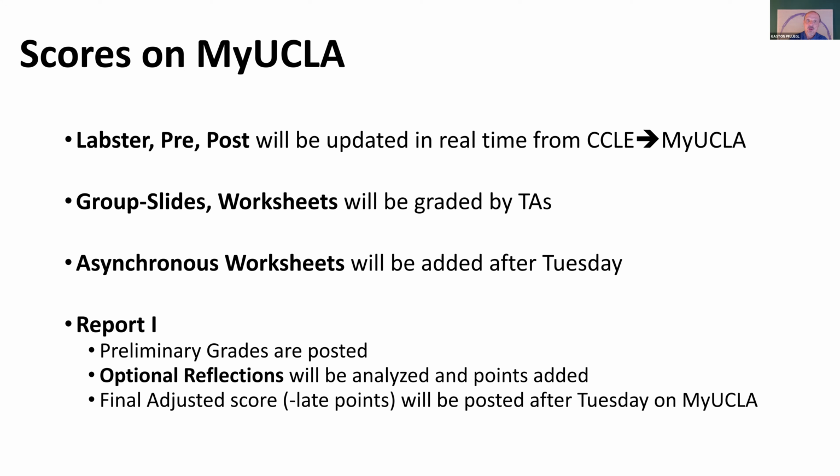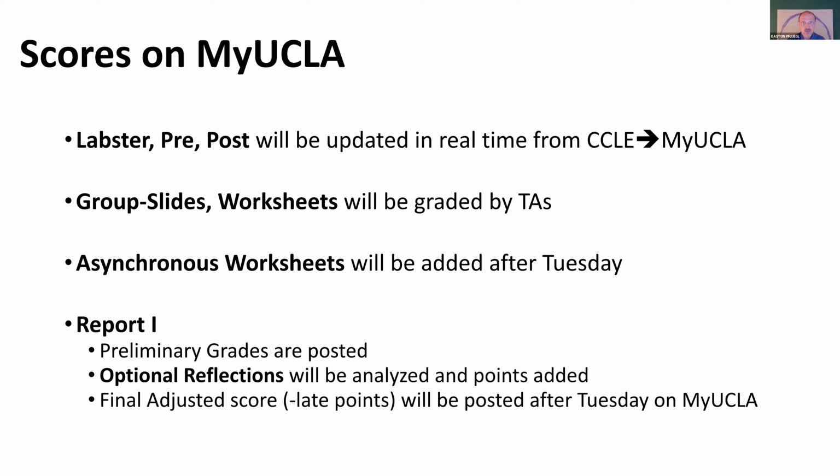And then for report 1, I posted preliminary grades on Friday or Saturday, and you saw it's preliminary. You could improve that score by doing your optional reflections, which are still open till tomorrow, Monday, 5 p.m. But these also need to be analyzed.